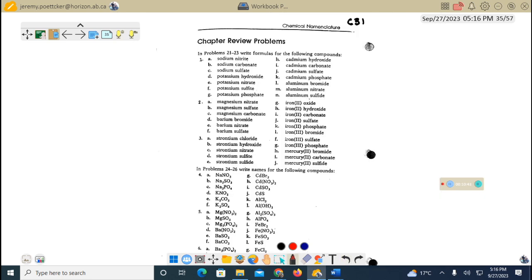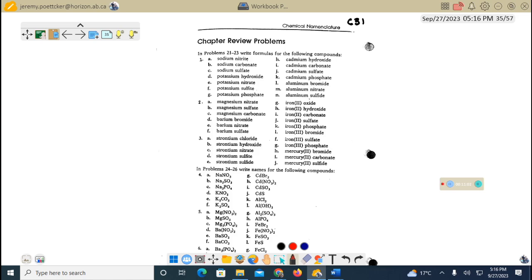Page C31. These ones here, I'm not going to go through all of them. There's a lot here to practice with. If I had to recommend something to you, you're looking at this going, there's so many. If you're struggling with them, do them all.